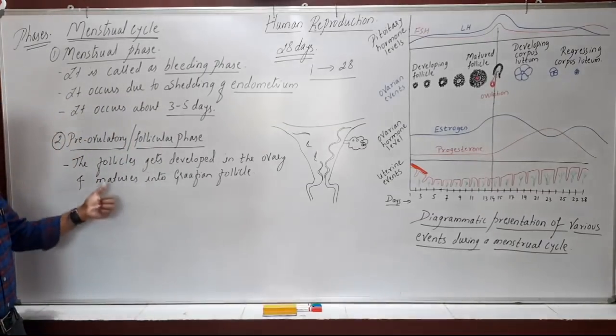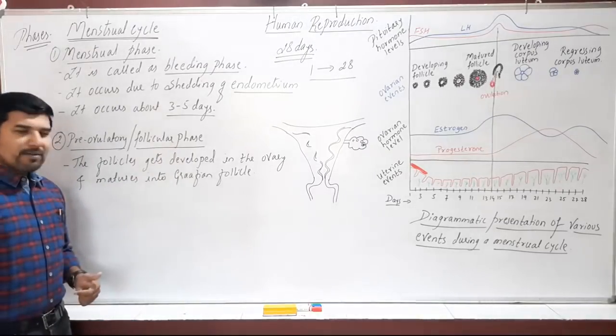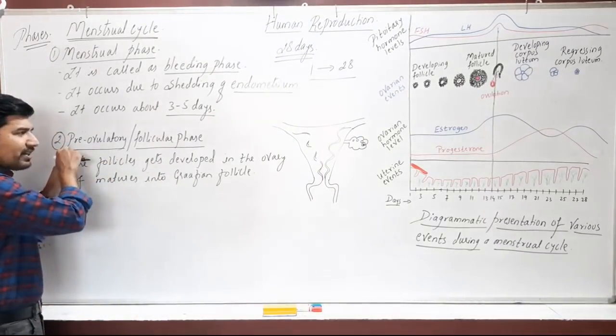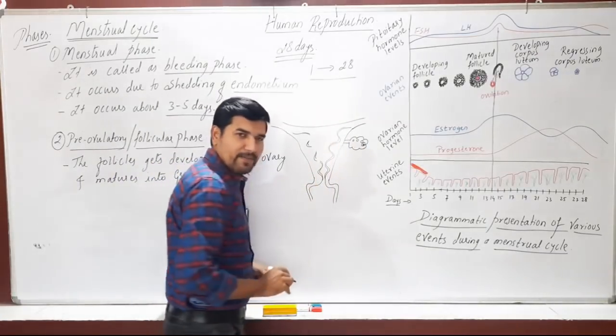Okay. Now look at the pre-ovulatory phase or the follicular phase. Before ovulation, what happens? The follicles grow in the ovary.